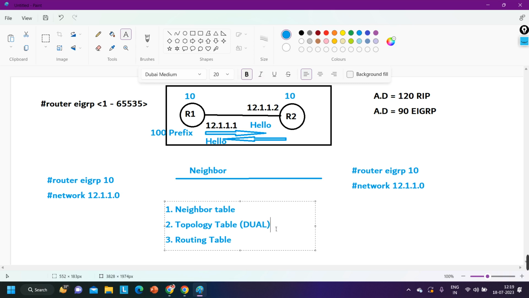DUAL means Diffusing Update Algorithm. So in EIGRP, we create the topology table. On that topology table, it will run the DUAL algorithm, calculate the best path, and install the best path in its routing table.